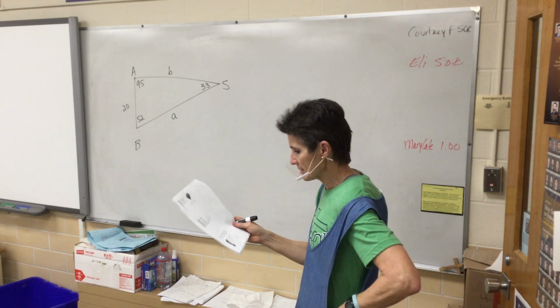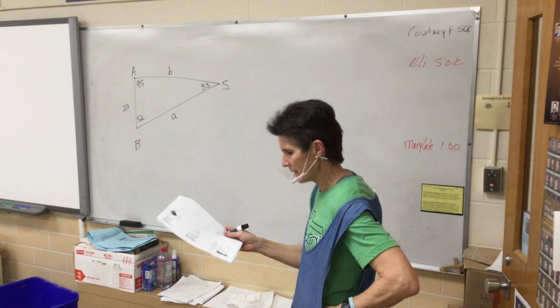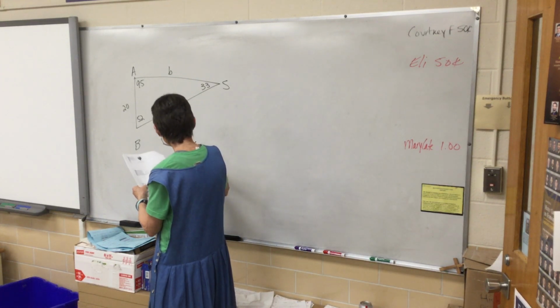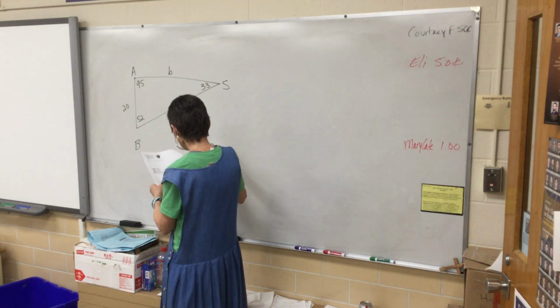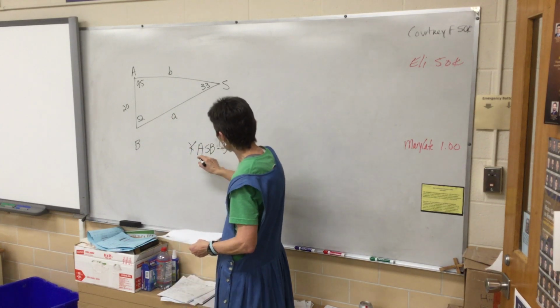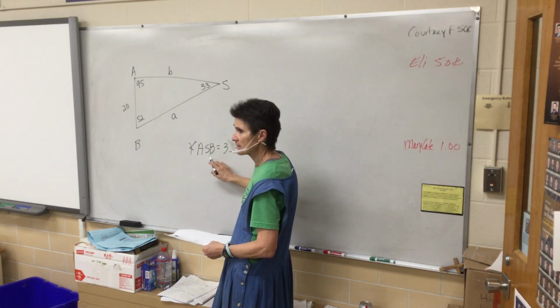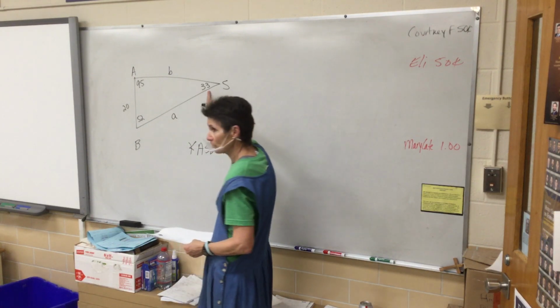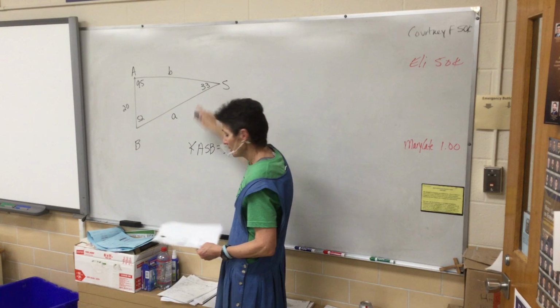I know the picture is there, but if it weren't, would you still be able to draw it? Does everybody remember when it says that angle ASB is 33 degrees? You know what that means, right? A to S to B. So you would put your 33 there? Okay.